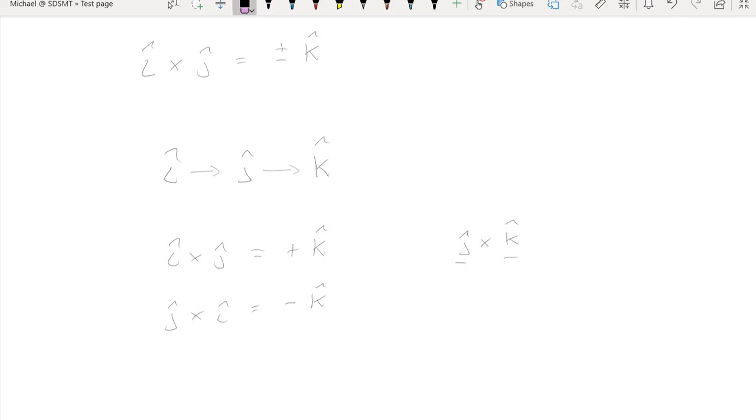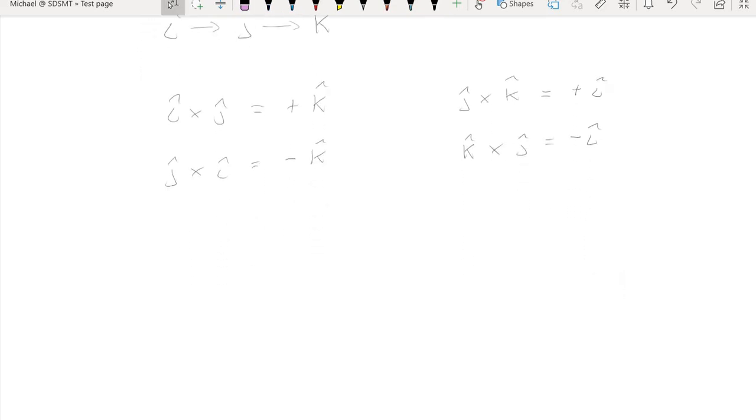And the answer is yes. And so our outcome, which could only be plus or minus I, since we are following the alphabet here, is a positive I hat. And then if we switch around the order, well, that's against the alphabet. That's a negative I hat for the outcome.